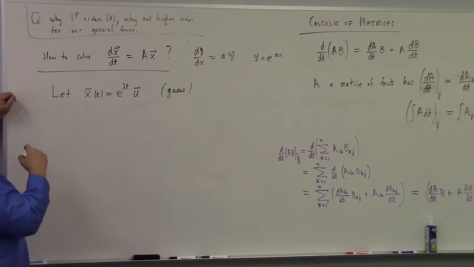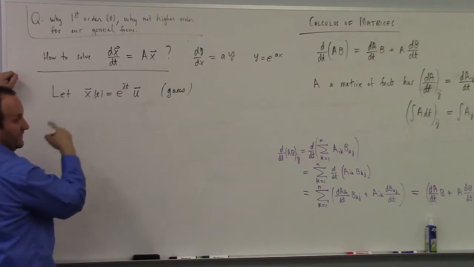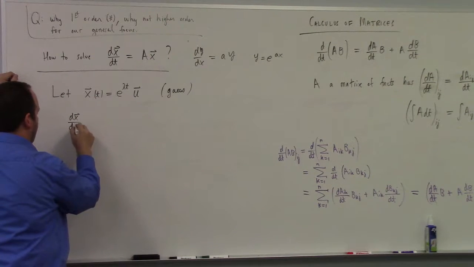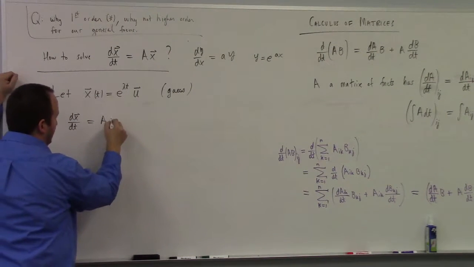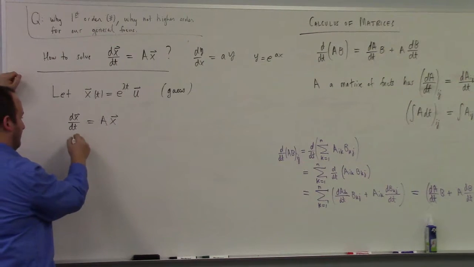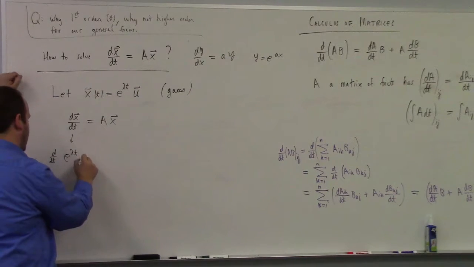So let's see here. If that's going to solve the differential equation for a given A, what do you need? You need dx/dt to be equal to A times x. So dx/dt is what? It's d/dt of e to the lambda t times u.